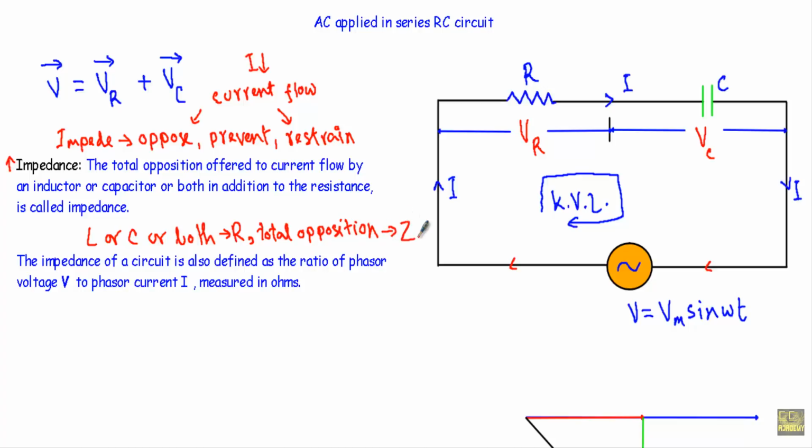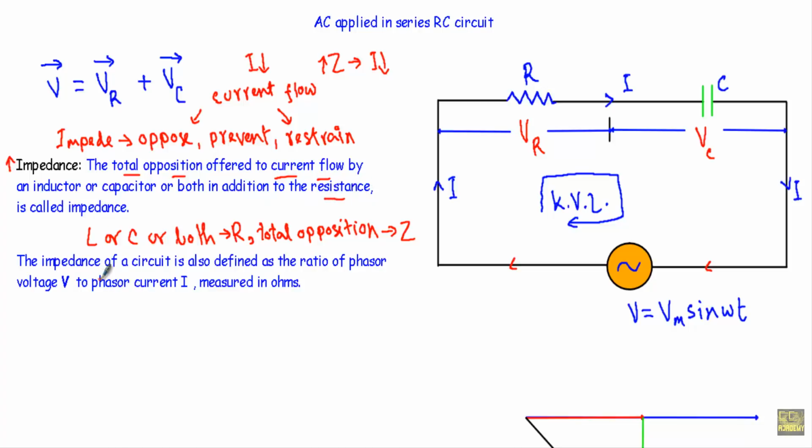We denote the impedance with capital Z. Impedance is the total opposition offered to current flow. If it increases, the current will decrease. The opposition offered by an inductor or capacitor or both in addition to the resistor is called impedance.